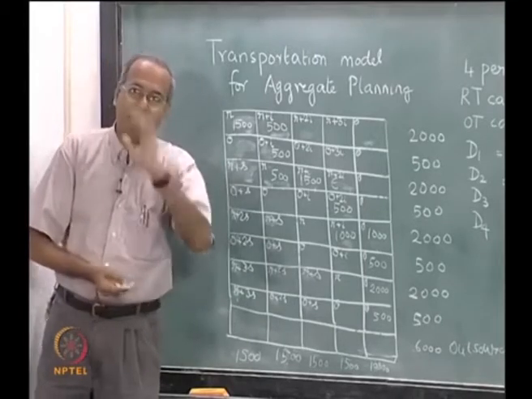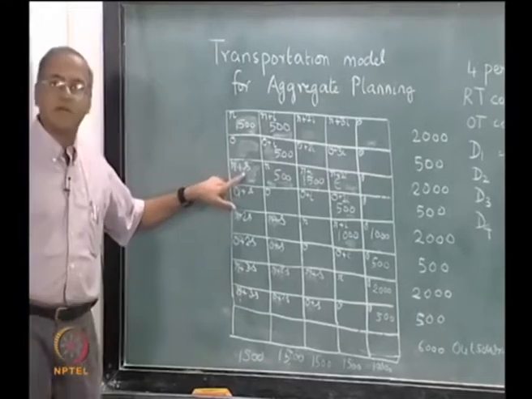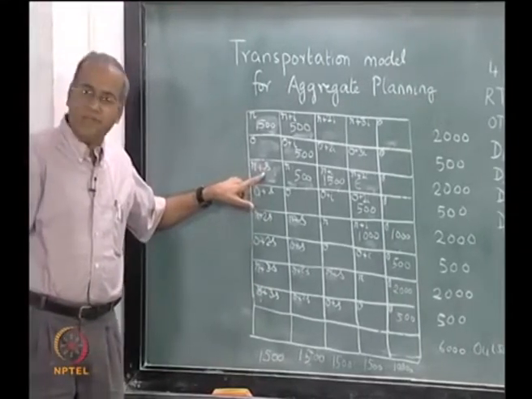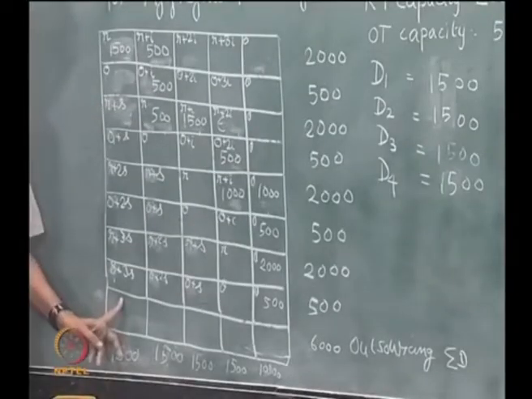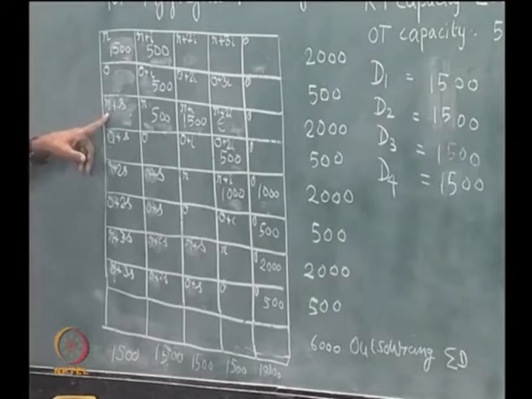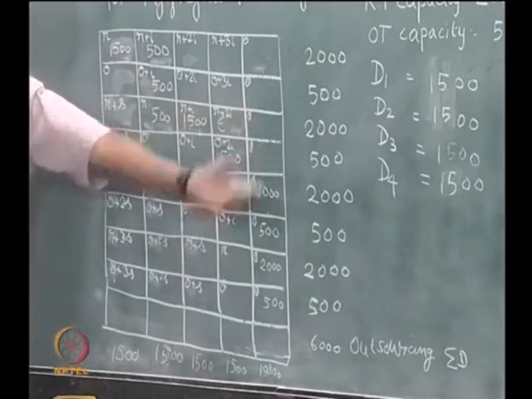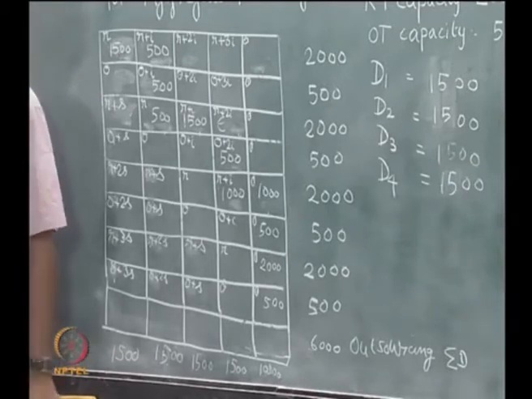If we had allowed back ordering, then we would have something like R plus S here, and I would have put some allocation here. If I had not allowed back ordering, this would have been a big M, and the balance would be outsourced. So, at the optimum, the balance would be outsourced if I am not allowing for back ordering. So, outsourcing helps in multiple ways and prevents infeasibility in the transportation problem.